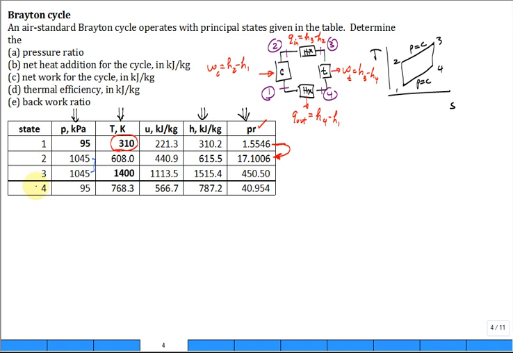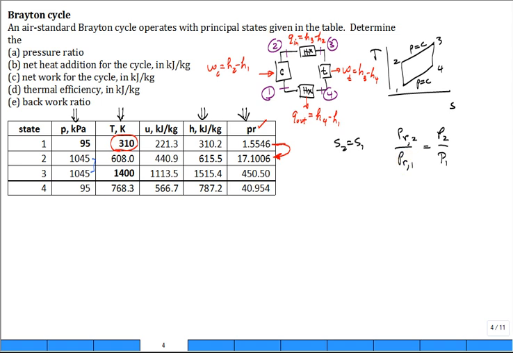Because the compressor is isentropic, unless you have some efficiency specified for the compressor, true. And so if it's isentropic, then S2 is equal to S1, hence P_R at state 2 divided by P_R at state 1 is equal to P2 divided by P1. And you can double check this, and it'll work.